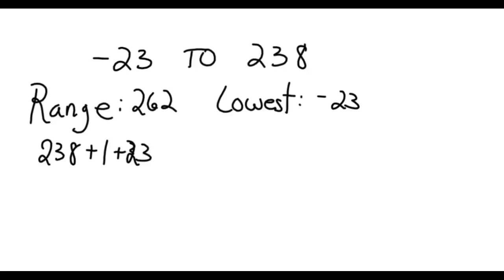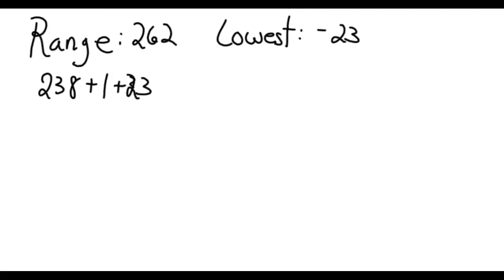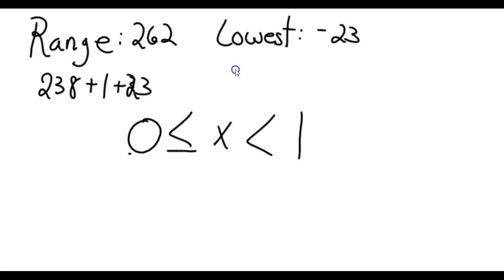So let's try our math with that. We know that a random number is calculated from 0 to 1, not including the 1. So really this 1 here gets treated as 0.9999 when we do our calculations.